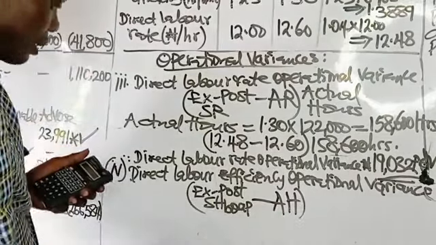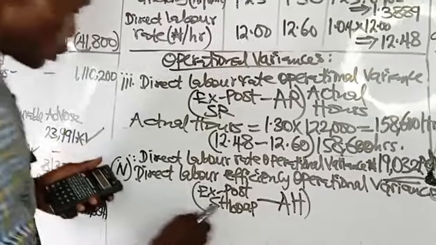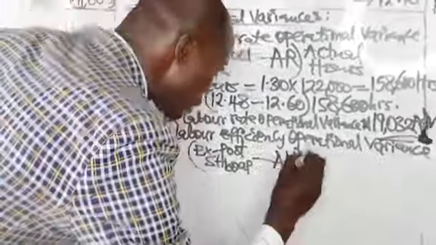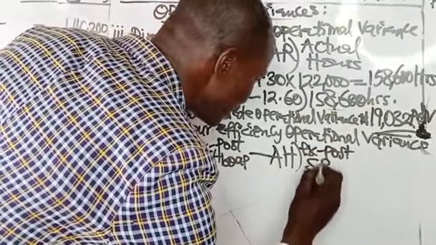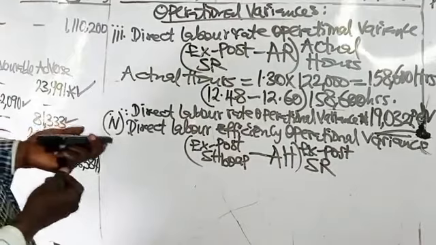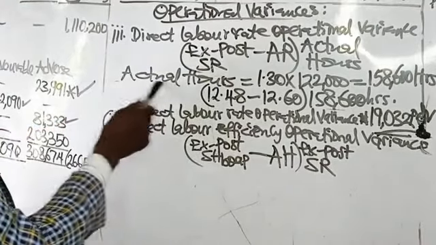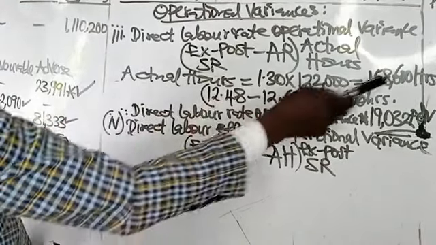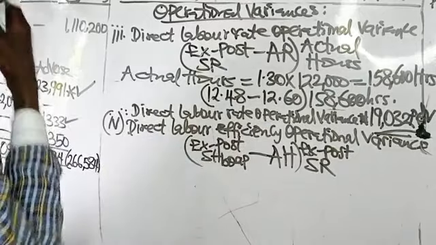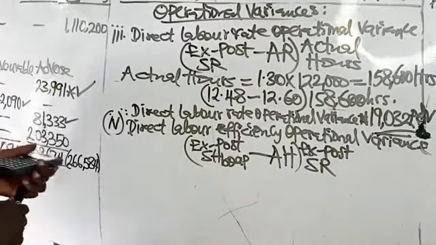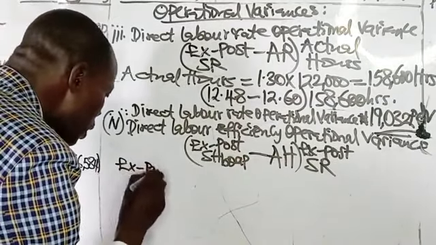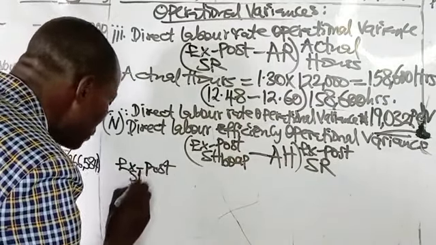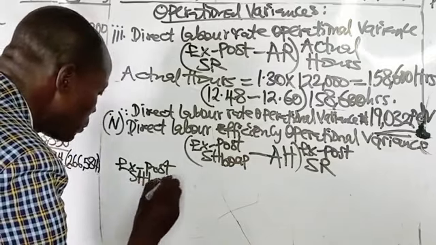So which standard rate? You have here to determine what to use. So you have ex-post standard rate. As calculated, you've calculated the actual hour here to be 158,600. You are left with ex-post standard hour based on actual production.